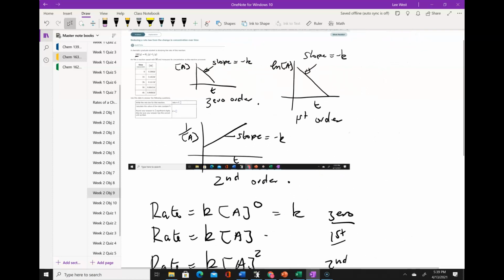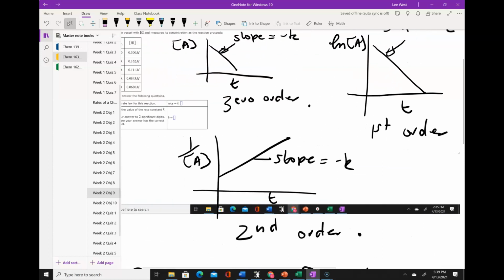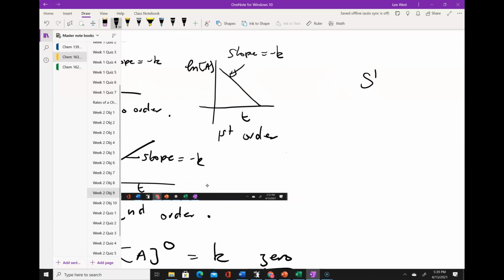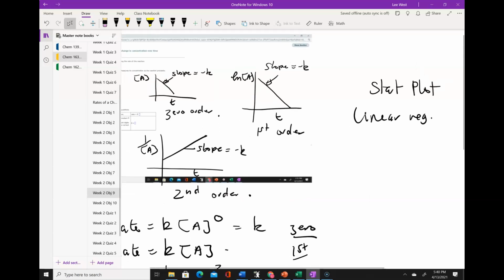Now, fortunately, there's a really easy way of doing this using what we call a stat plot in your calculator, and also using what we call linear regression. So with linear regression, we're going to calculate this quantity called r squared. And if that equals 1, then your data is linear. Okay? If r squared equals 1, then your data is linear.